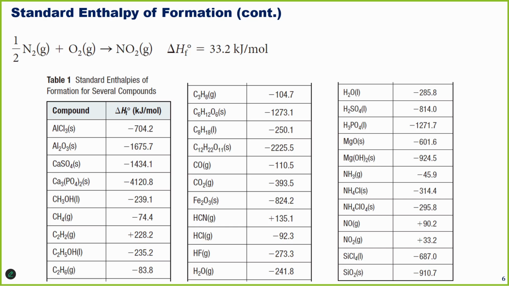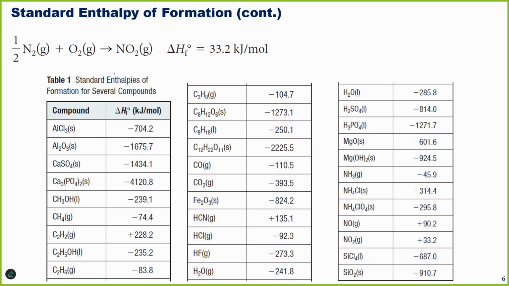Like all standard enthalpy of formation equations, this equation shows the formation of one mole of the product. The formation of nitrogen dioxide gas from its elements is endothermic, absorbing 33.2 kilojoules per mole from its surroundings. Enthalpies of formation may be either exothermic or endothermic.